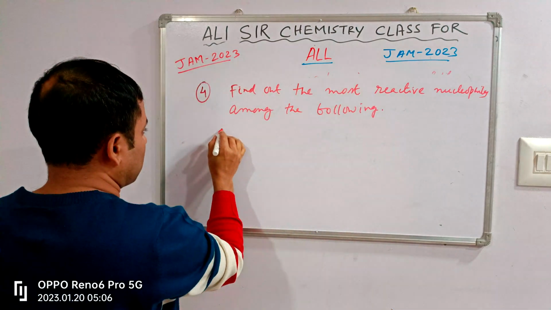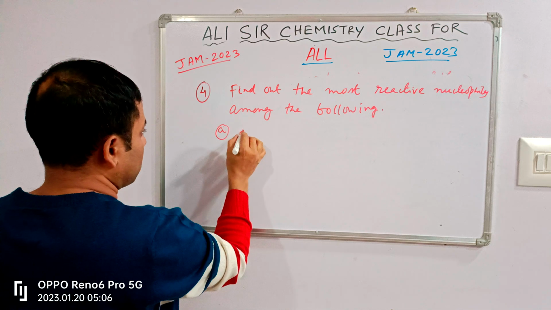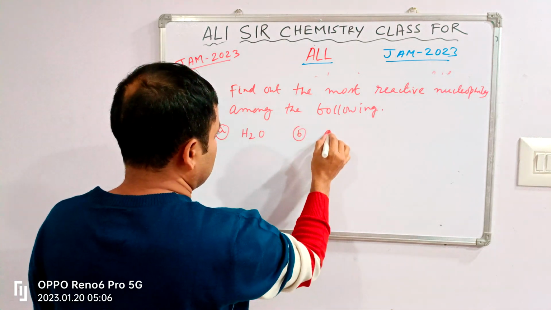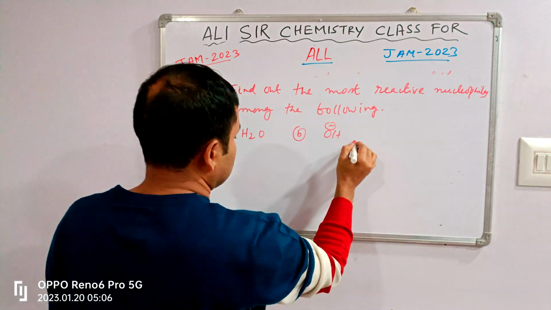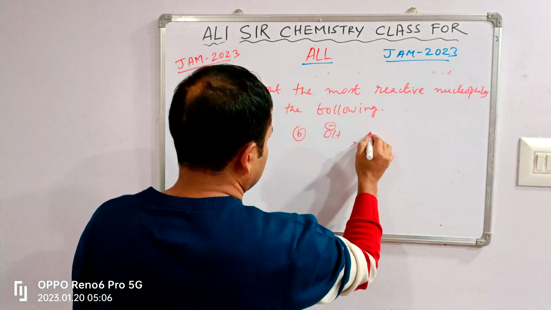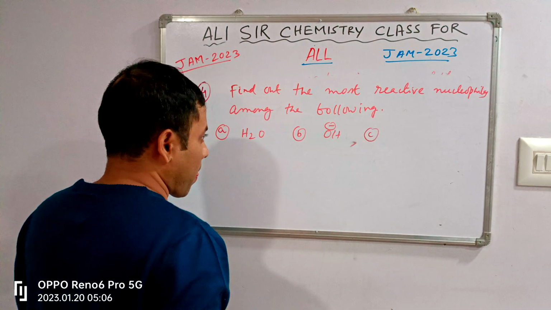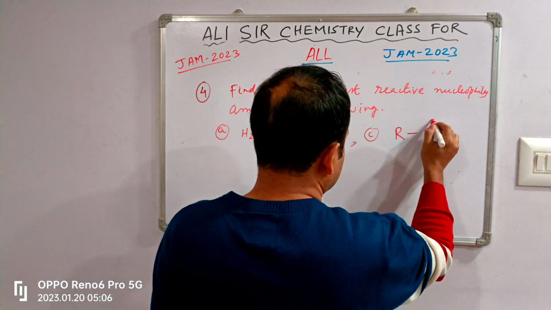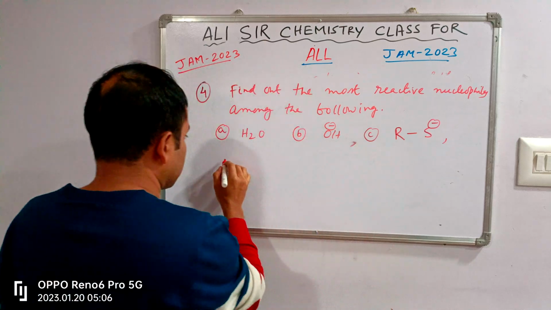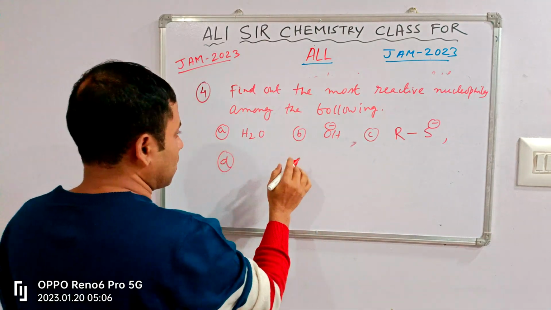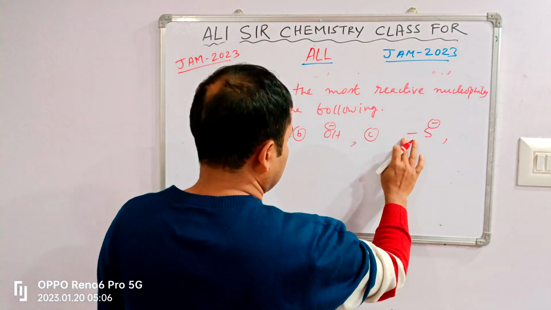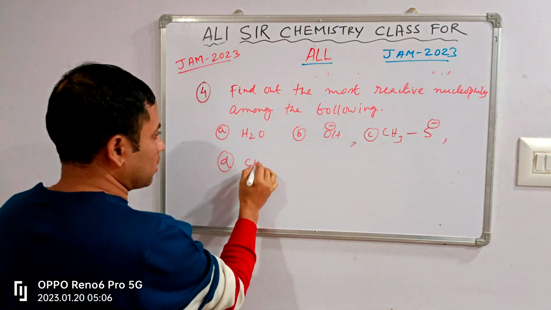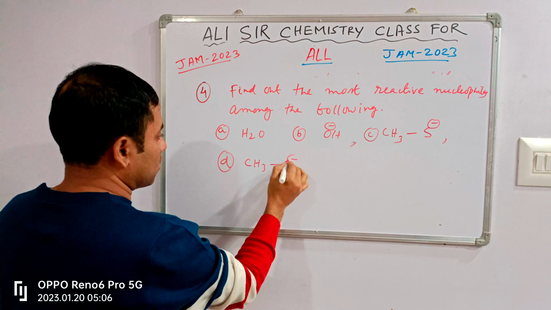The options are: A, water; B, OH minus; C, CH3S minus; D, CH3O minus.